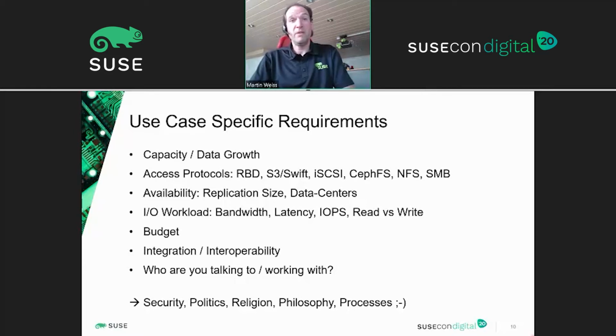And as you all know, beside the normal requirements, there are also some hidden requirements. So we have to think about, are there any politics, religion, philosophy, or process-related requirements in the company?